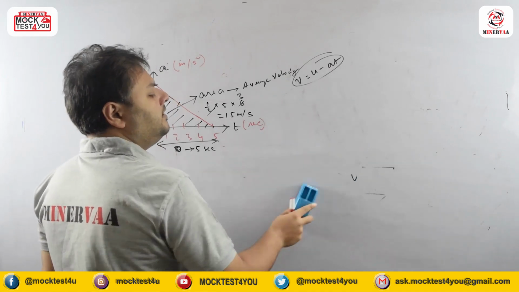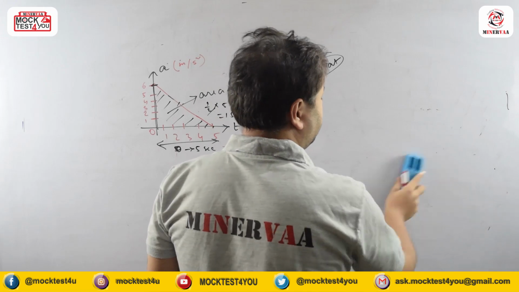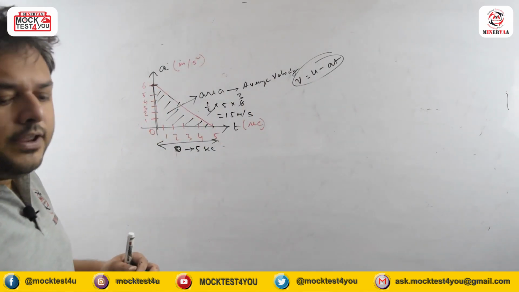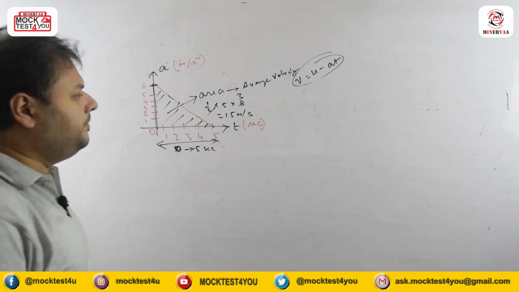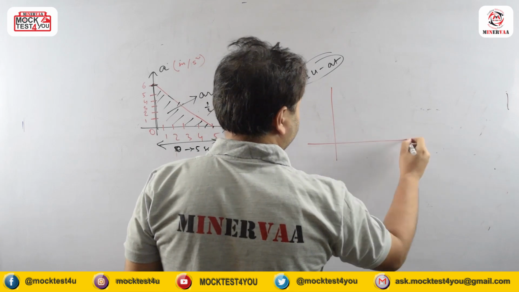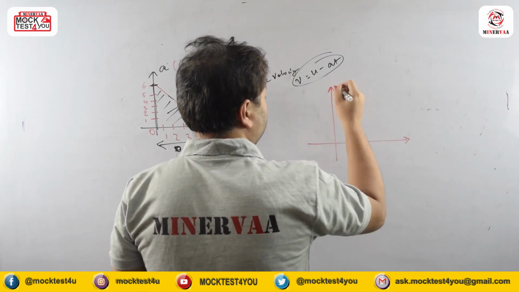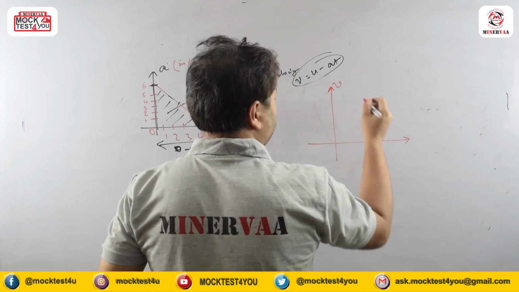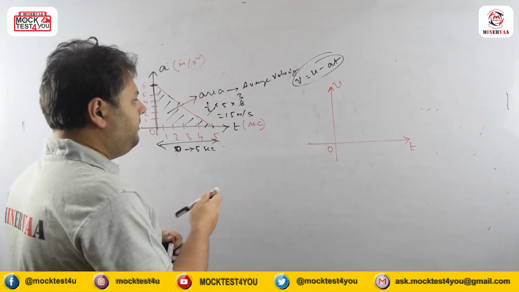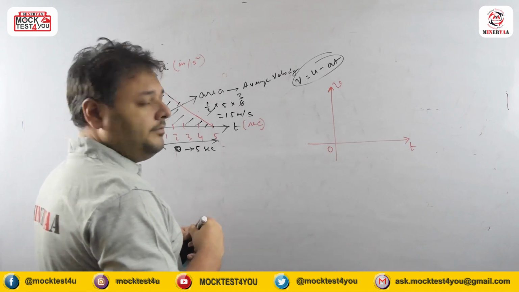to find out different types of velocities and accelerations in different cases. Now suppose it is given for one particular problem like this, that a velocity time graph is given like this.